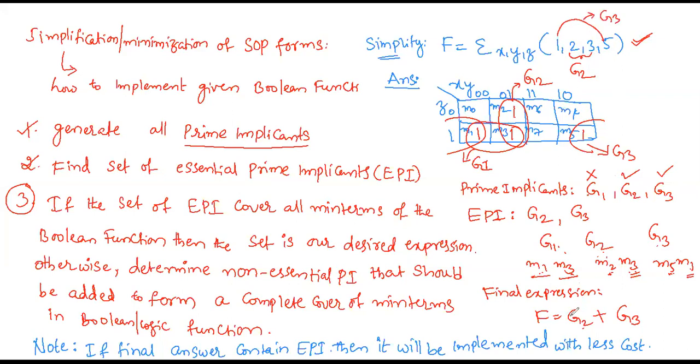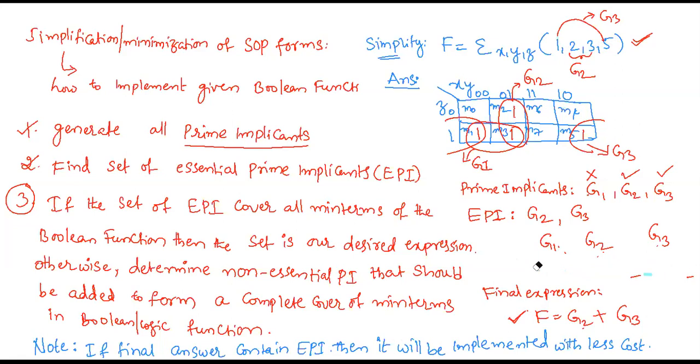So these two essential prime implicants cover all the minterms in the given Boolean function. So this is our final expression. Otherwise, we have to go with the non-essential prime implicants.